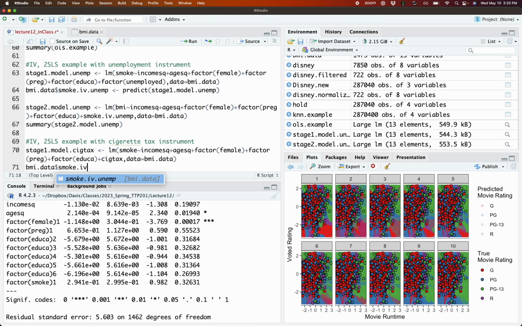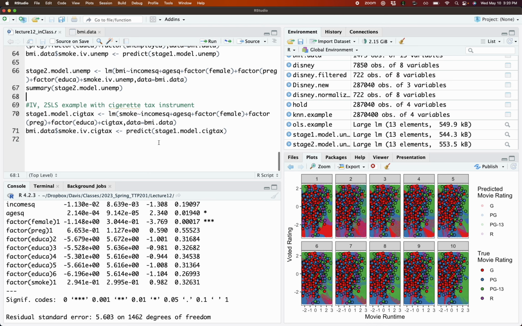And we will do our prediction here. And actually, we can even take a look.